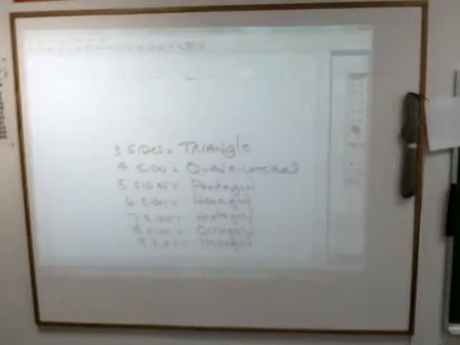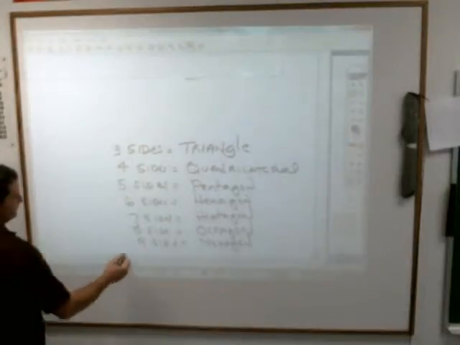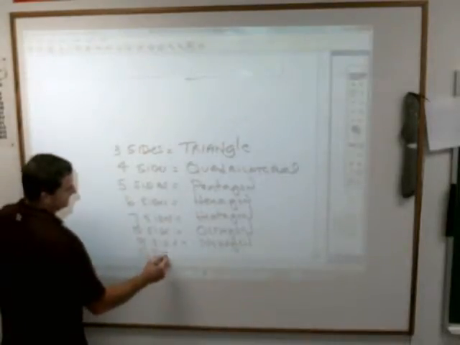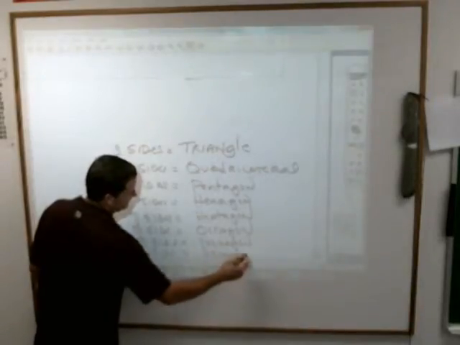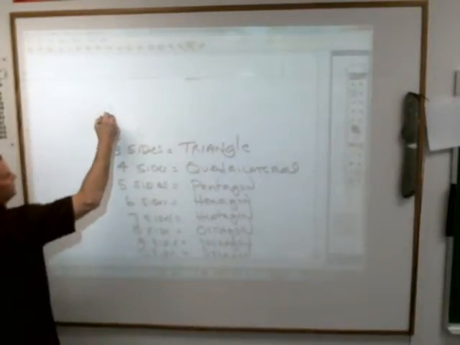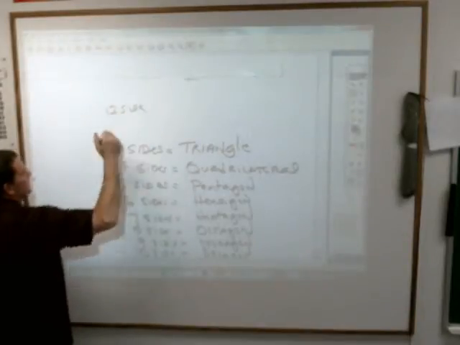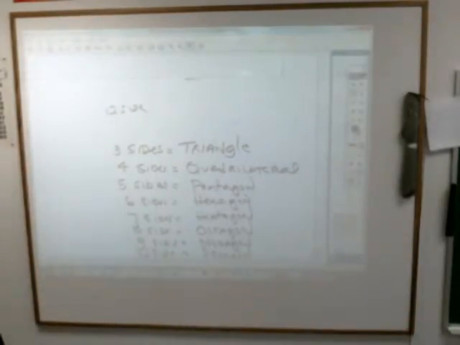I don't know, is it in the book? Let me look. I don't know if they make you know nine-sided now. A 10-sided shape, the decagon. And then for some reason they just throw in there a 12-sided shape, and that is a dodecagon.